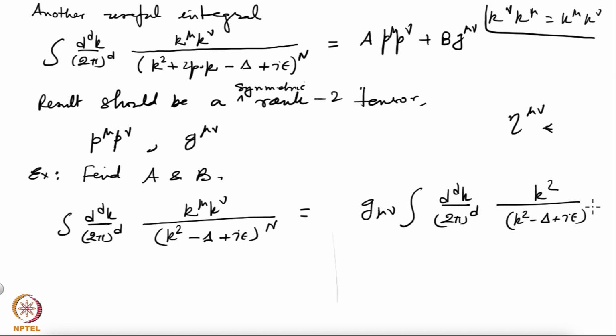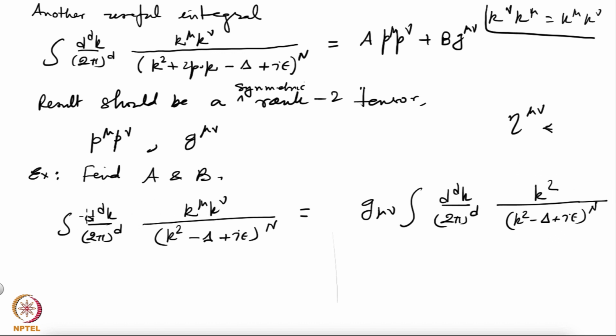Let us see whether the claim is correct. g^μν is fine, I have already convinced you, and the integral is some constant involving all these Δ's, d's and n's. So it is consistent with what I said earlier, that the result should be proportional to g^μν. But whether the integrand should be k² here, let us check.